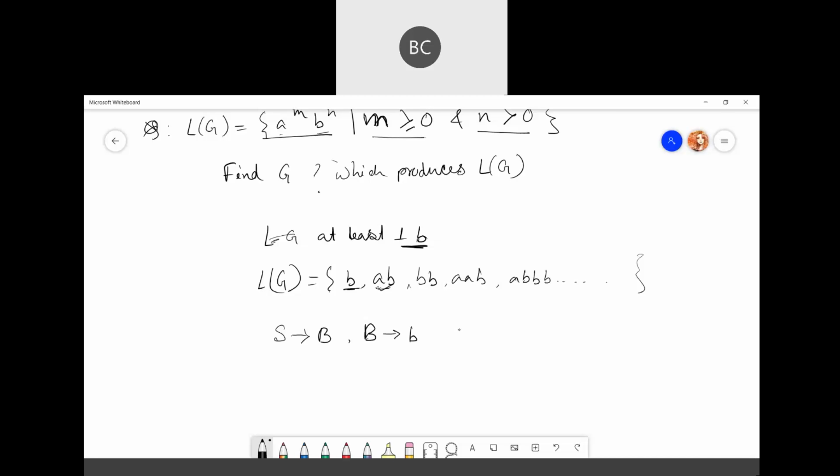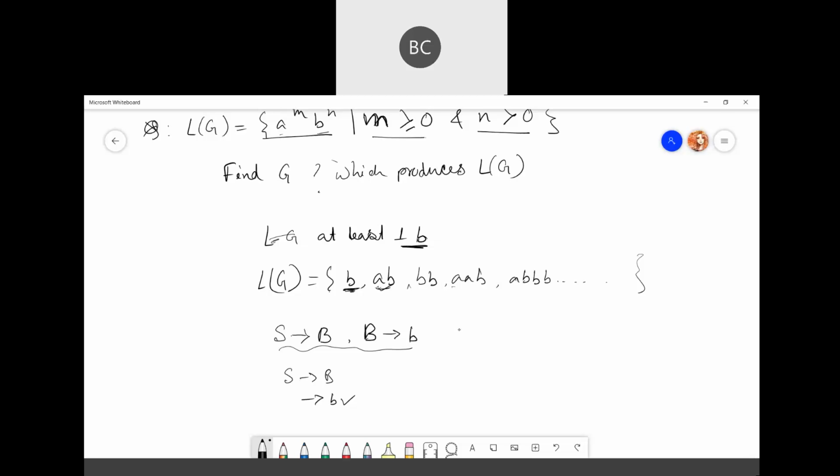So from this production, I can go from S to B, then I can replace B with b. So these two are correct. From B, I can generate a single b. Okay. But from only these two productions, I cannot generate strings like aab, ab, anything including a. From these two productions, I can generate only the single string b. Okay.